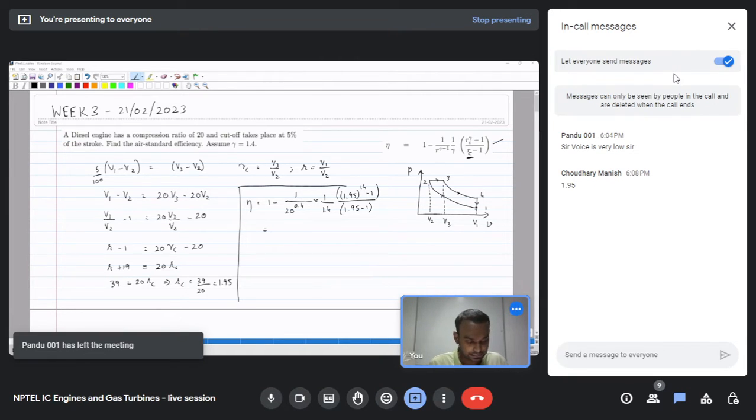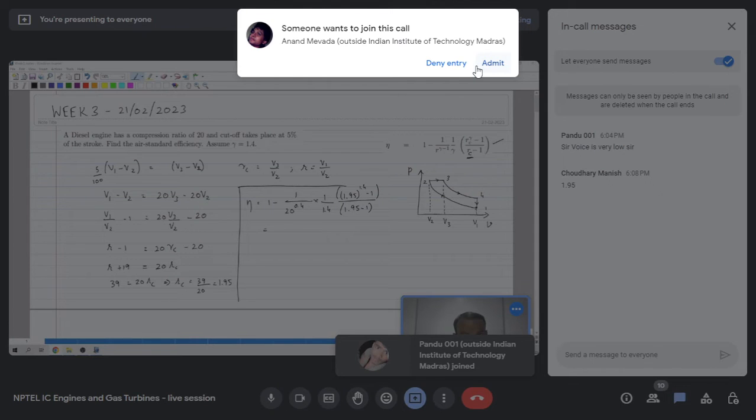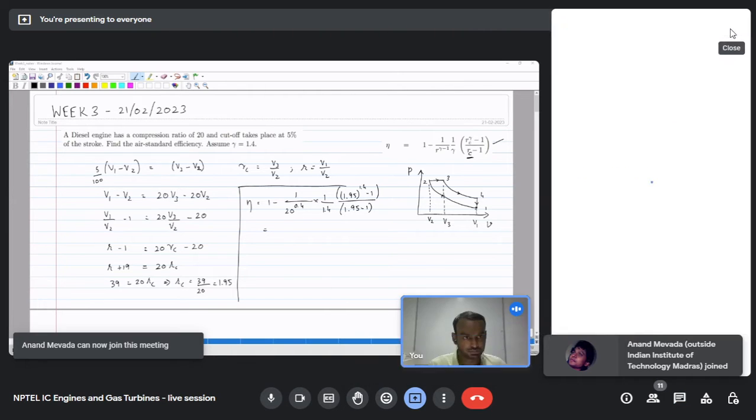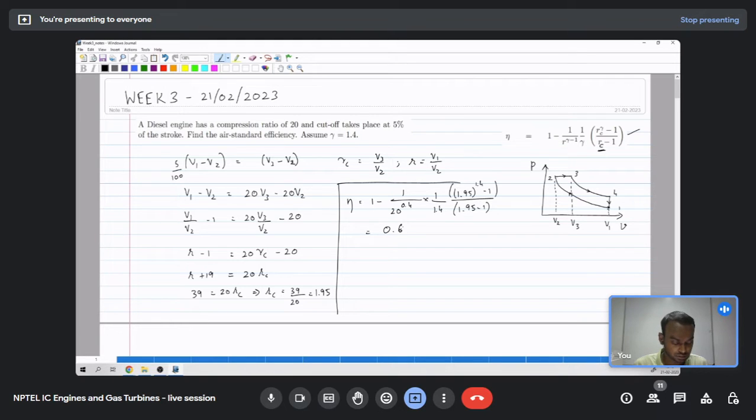Has someone solved it? Okay, eta is 0.649, so this is 65% efficiency.